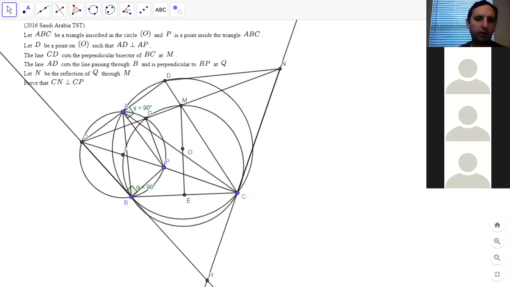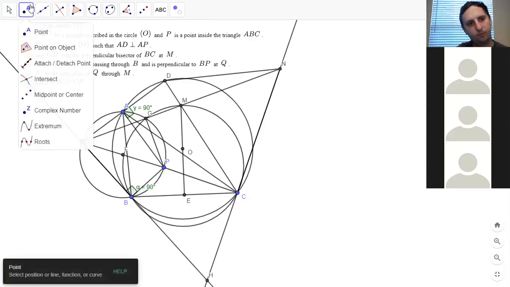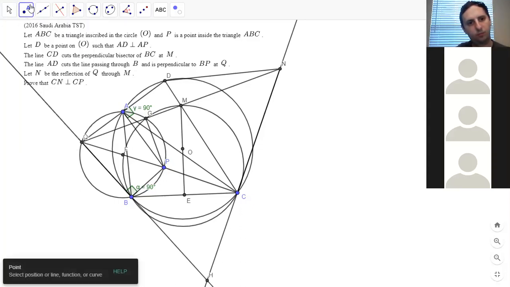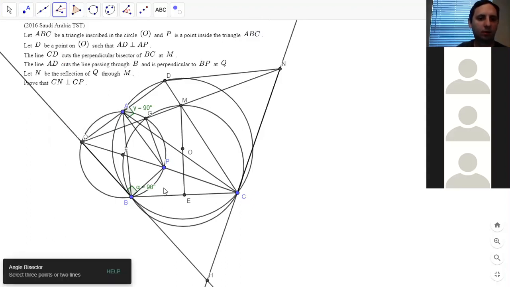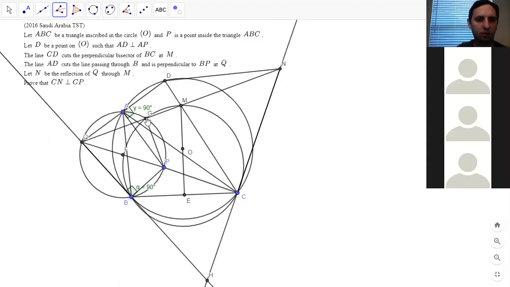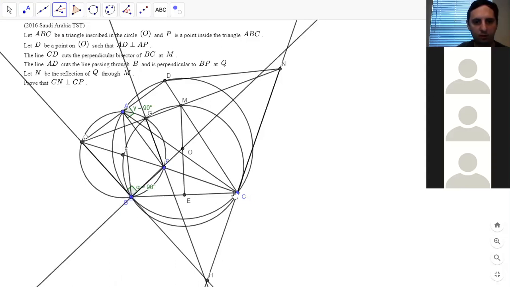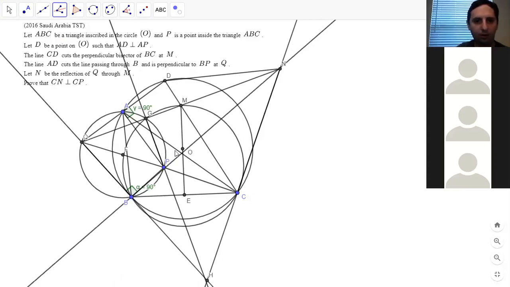Okay, so if we know that that's cyclic, then maybe P is the in-center of triangle GBC. The in-center. Let's see. I think you're right. Let's see. Oh, I think it's a little bit different.